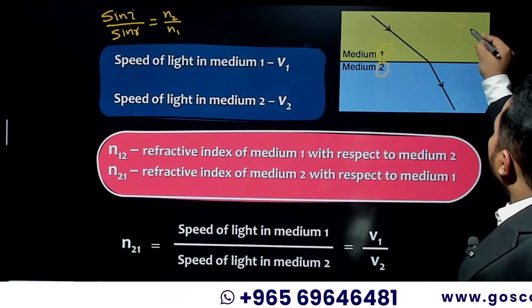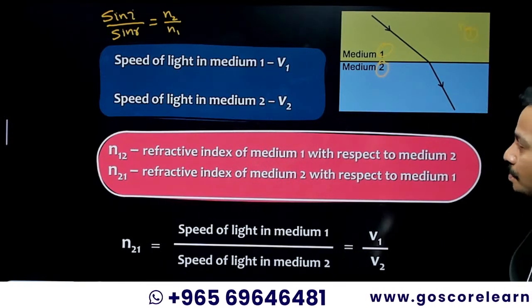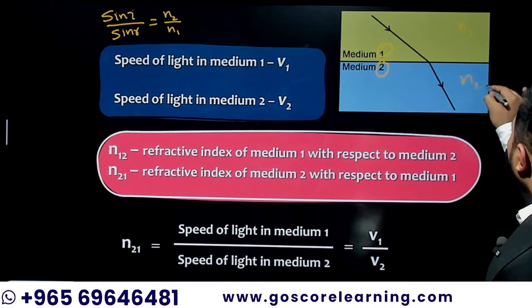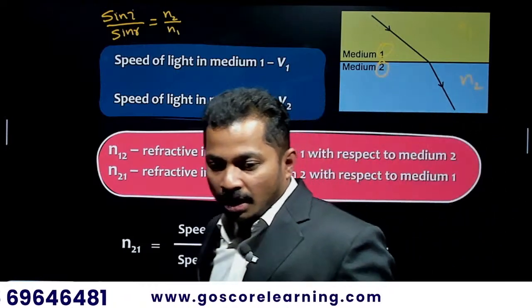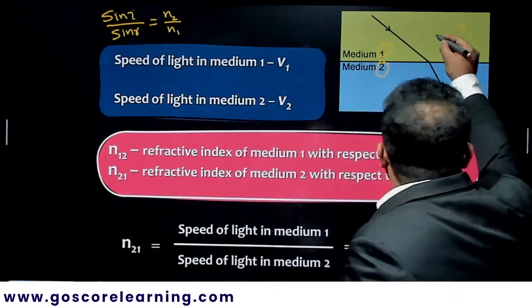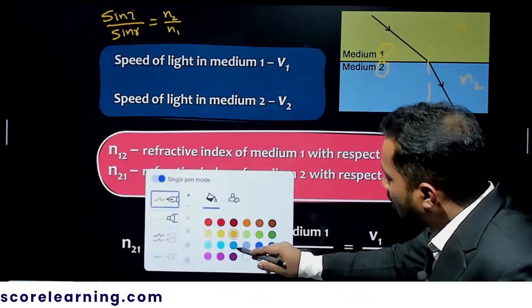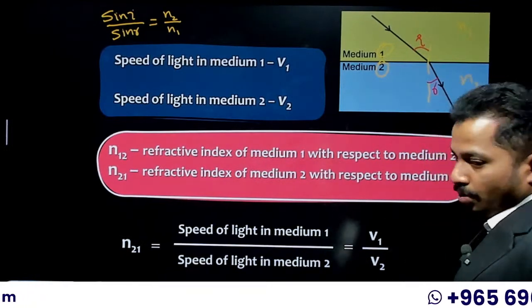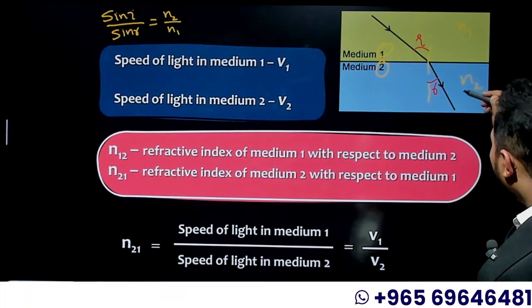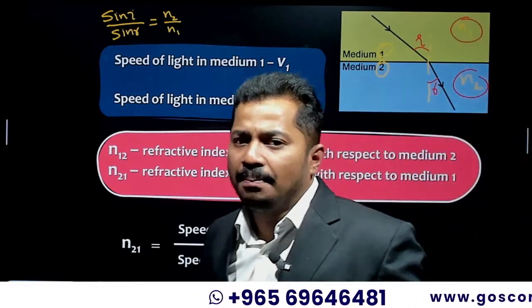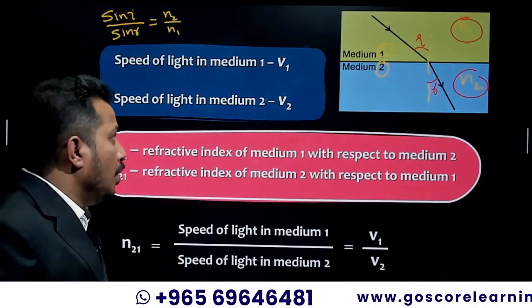For the first medium, n1 is the refractive index, and for the second medium its refractive index is n2. So sin i divided by sin r is n2 divided by n1, where i is the angle of incidence and r is the angle of refraction.